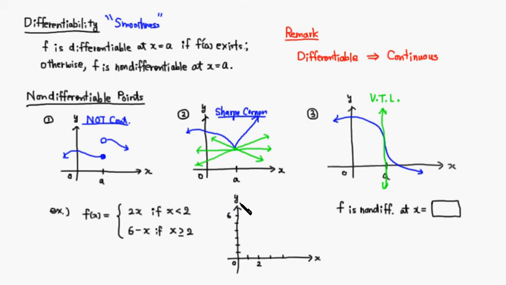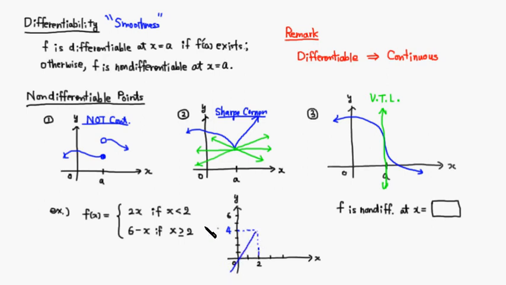For 2x, the y-intercept is 0 and the slope is 2, so it's going to go through the origin, and at 2 it's going to be 4. It's for x less than 2, so it's going to go like this.